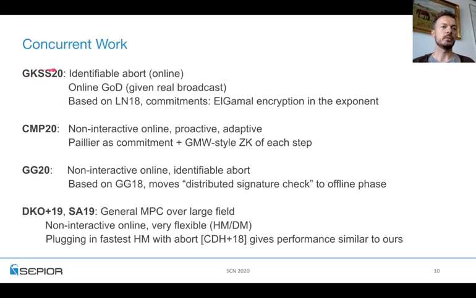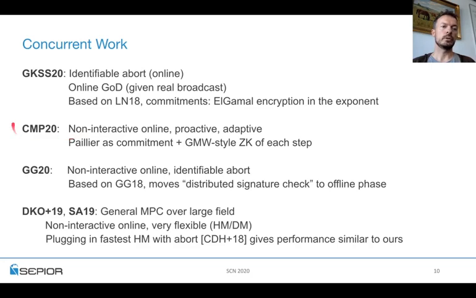So, for instance, this one by Jakobsen and others actually requires several rounds online, but on the other hand, it achieves online identifiable abort, and even given broadcast, guaranteed output delivery online.